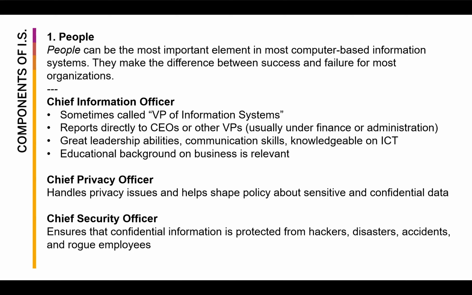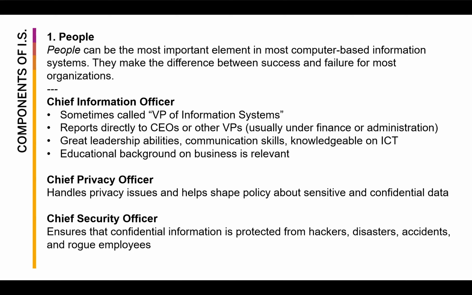Okay. Next to that is the chief privacy officer, who mainly handles privacy issues and helps shape policy regarding sensitive and confidential data. We also have the chief security officer that ensures confidential information is protected from any risks. Usually, our text or main source distinguishes the two, the chief privacy officer and the chief security officer.